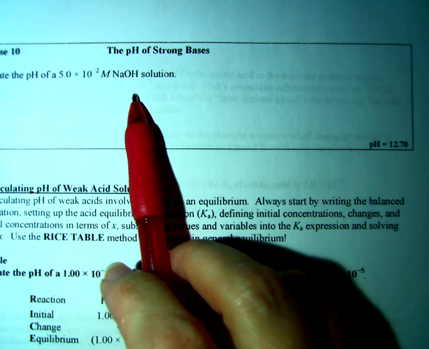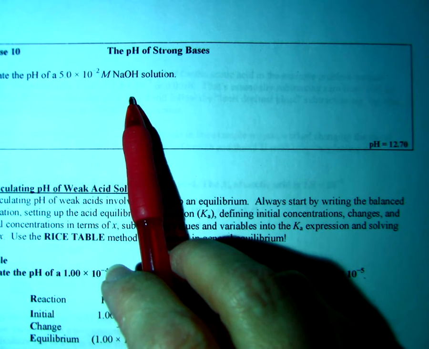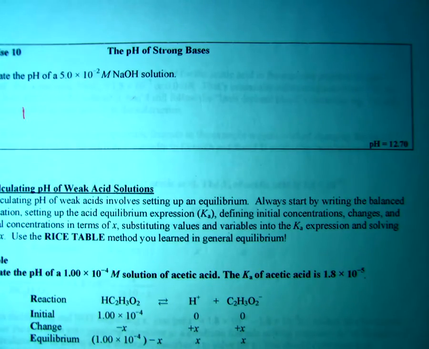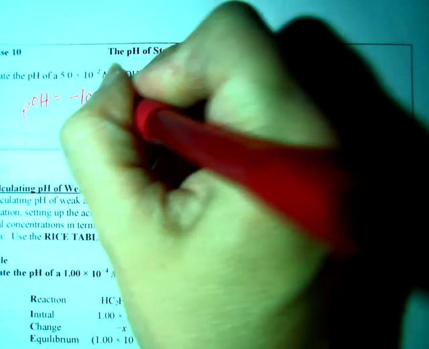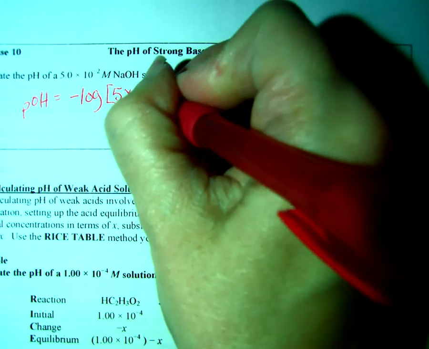Anyway, so even if it didn't tell you that this was a strong base, should you know that it's a strong base? It's a hydroxide of a group 1 metal. Yes, it's a strong base. Okay. So we can't go straight to pH because we're talking about a base. So this is the concentration of the hydroxide. So that means we've got to do pOH first. So negative log of the concentration of the OH, which is 5 times 10 to the negative second.